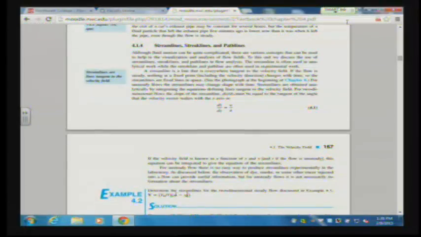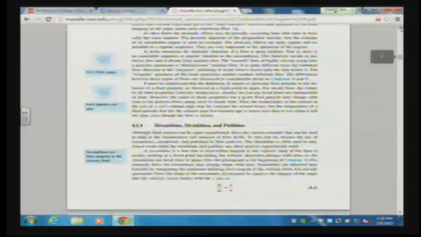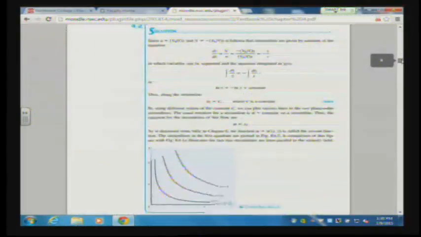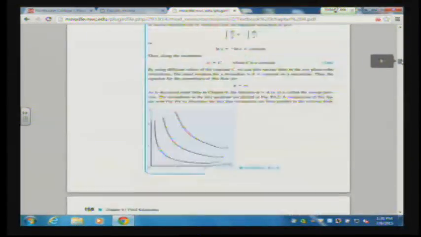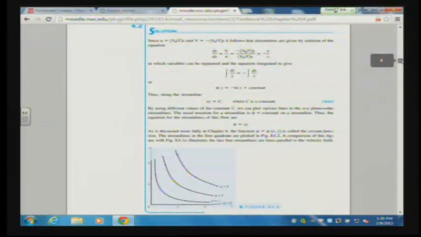And what that explicitly means is that if you were to draw a bunch of velocity vectors based on position, and then you drew the line that was tangent to them at all points, you would have something called a streamline.